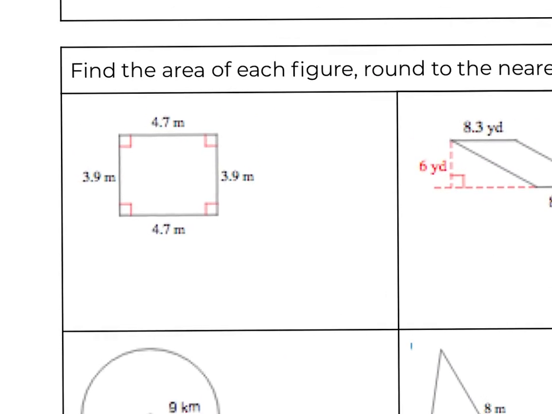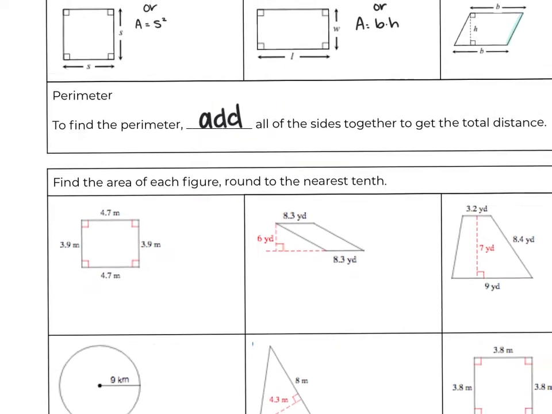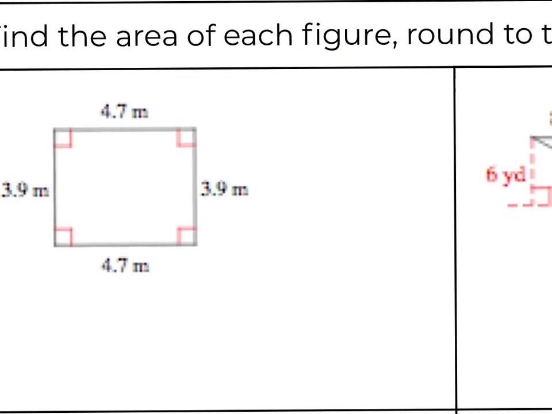So the first one here, that is a what kind of shape? No, it's not a square because the sides are not equal. So it's a what? Rectangle. So all we're gonna do is plug into the formula on each of these. I don't care if you write the formula and then plug in, or if you plug directly into it, okay?